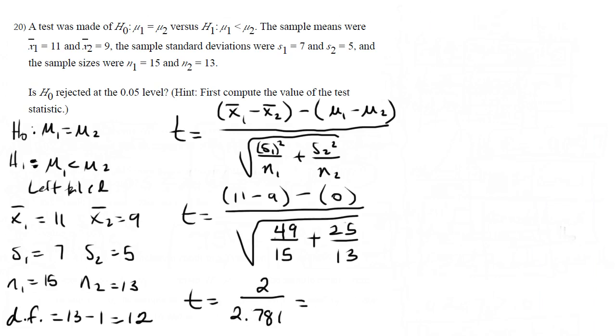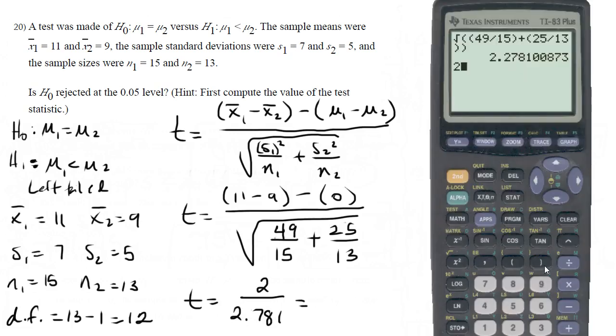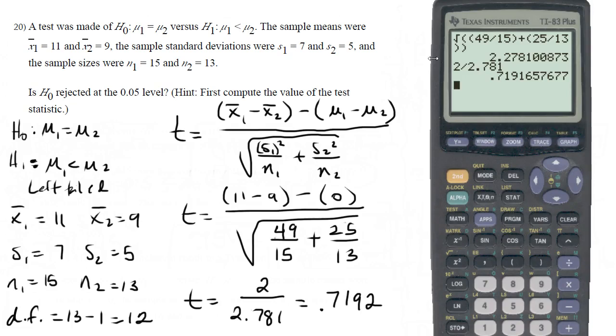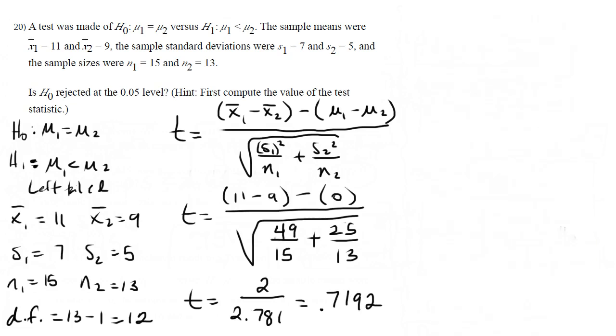So for that t value, let's divide 2 by 2.781. That gives 0.7192. Let's look at that to make sure I'm right. 0.7192. So that's the test statistic t.